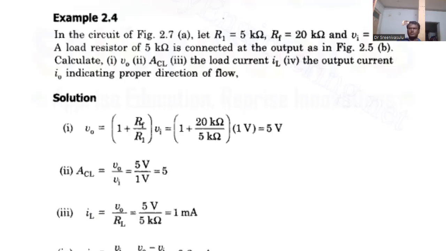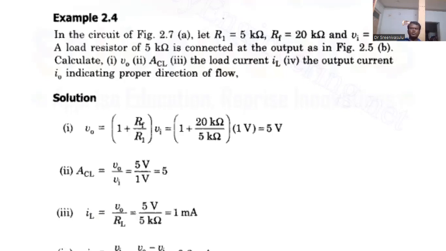We can calculate the voltage gain and the output voltage. The closed loop voltage gain V0 by Vi is equal to 1 plus RF by R1. Now V0 is equal to 1 plus RF by R1, into Vi. 1 plus RF, which is 20 kilo ohm, by R1, 5 kilo ohm. 20 by 5 is 4, 1 plus 4 is 5, into 1 volt, so 5 volts.